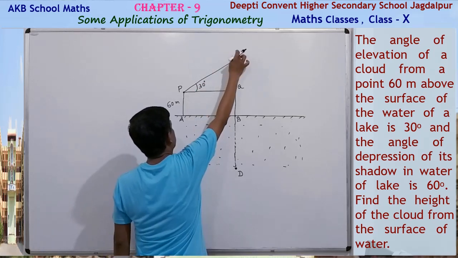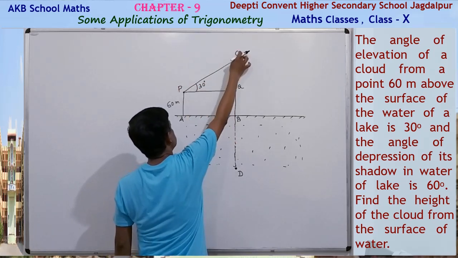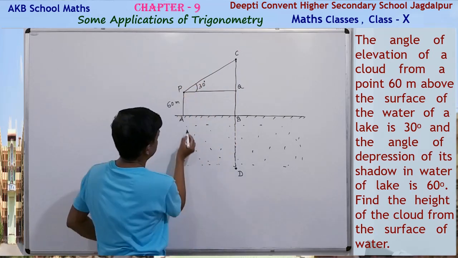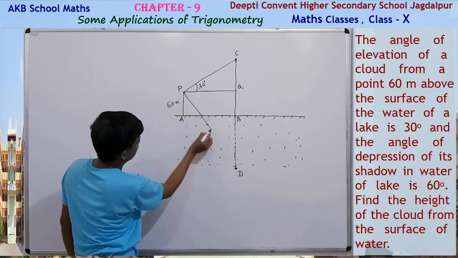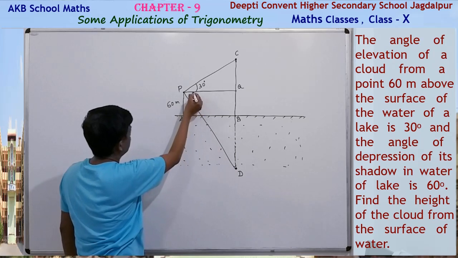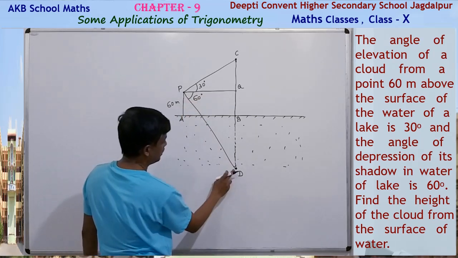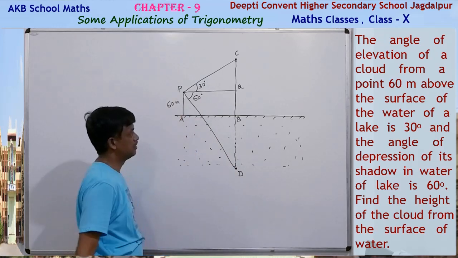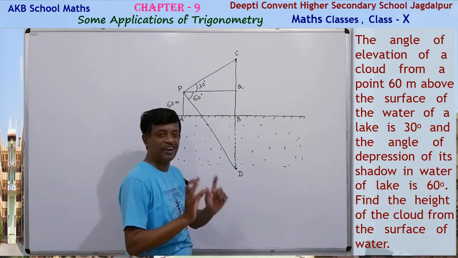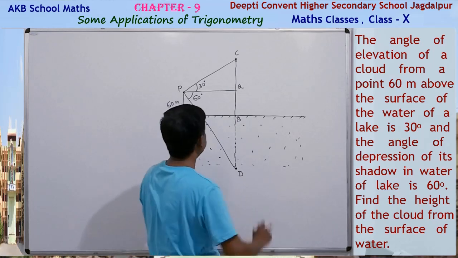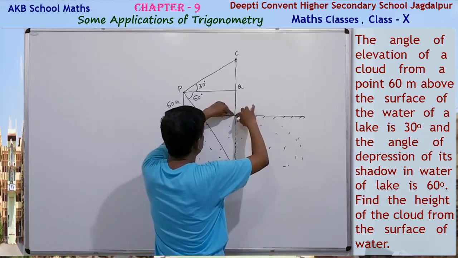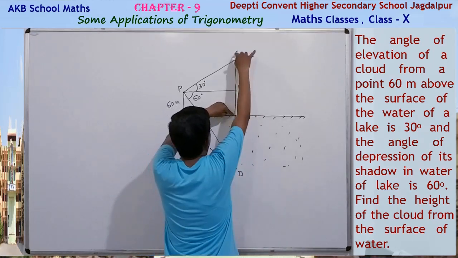This is the angle of elevation of C from P. Now this is the angle of depression, 60 degree, of D from P. Clear? We have to find the height of the cloud from the surface of the water.